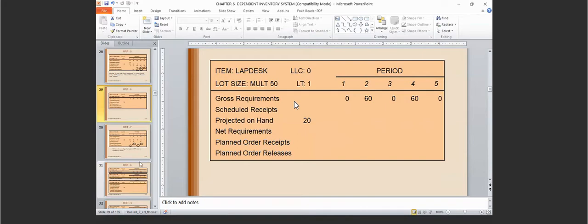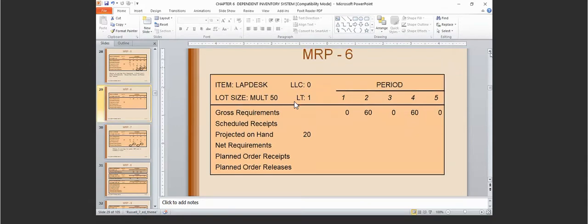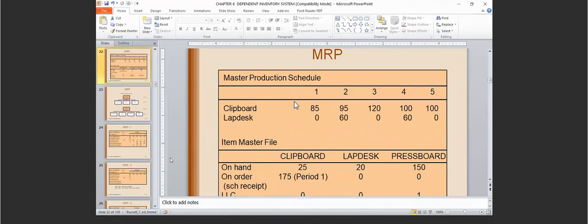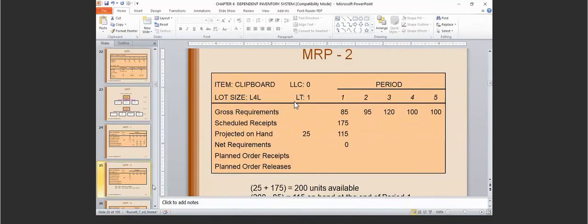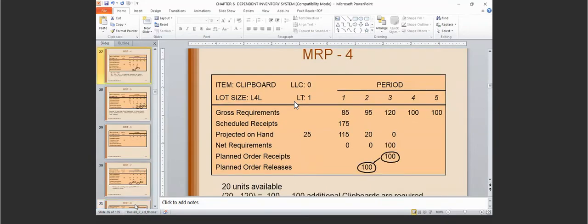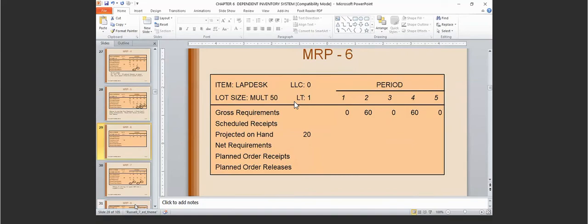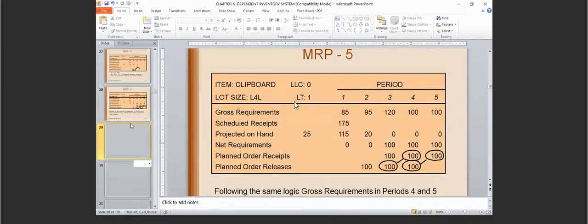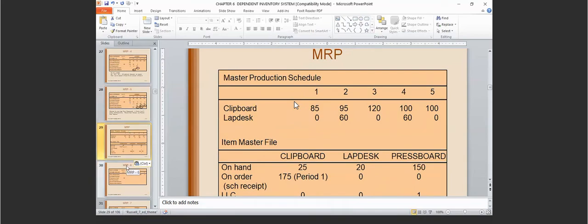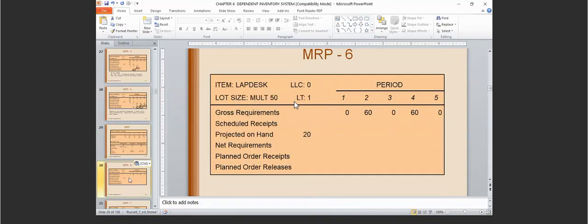Let's say, this is an example of MRP for the lab desk. MRP for the lab desk.